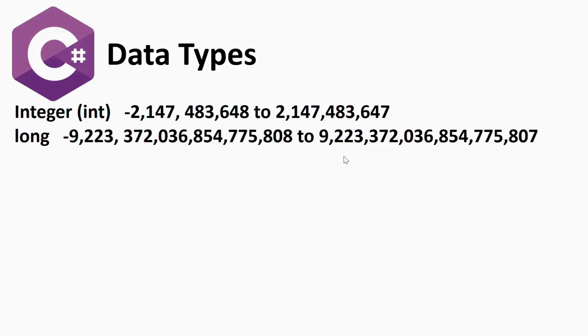Next, we have the long integer, which allows a range of -9 quintillion, 223 quadrillion, 372 trillion, 36 billion, 854 million, 775,808 to 9 quintillion, 223 quadrillion, 372 trillion, 36 billion, 854 million, 775,807.